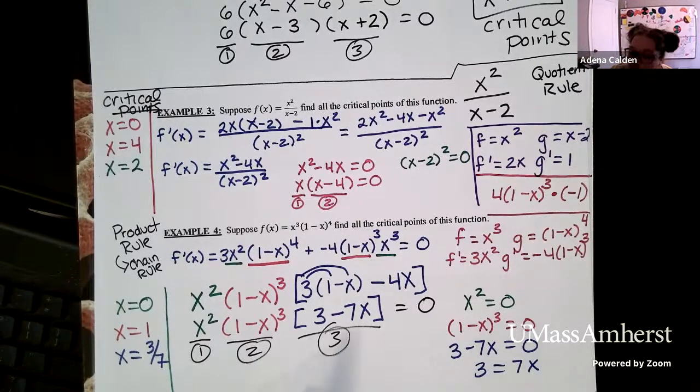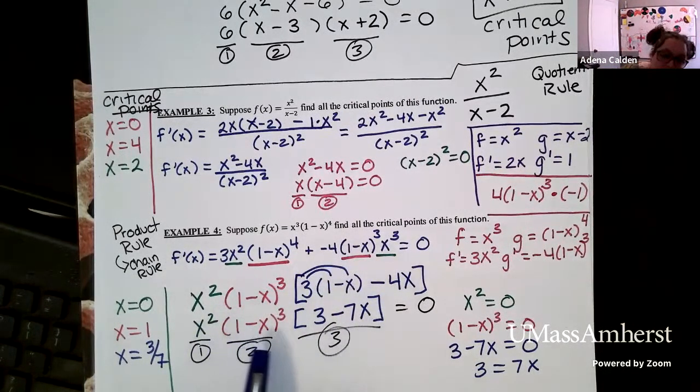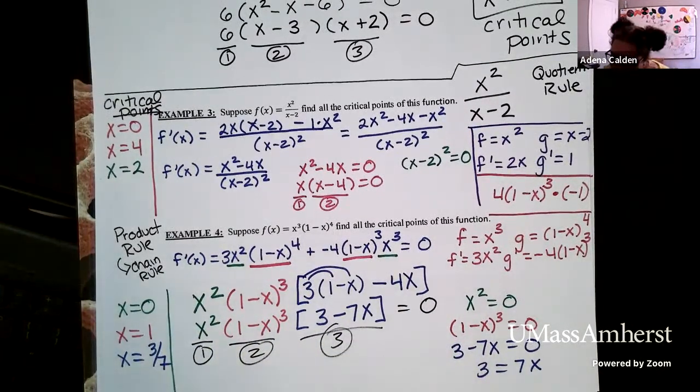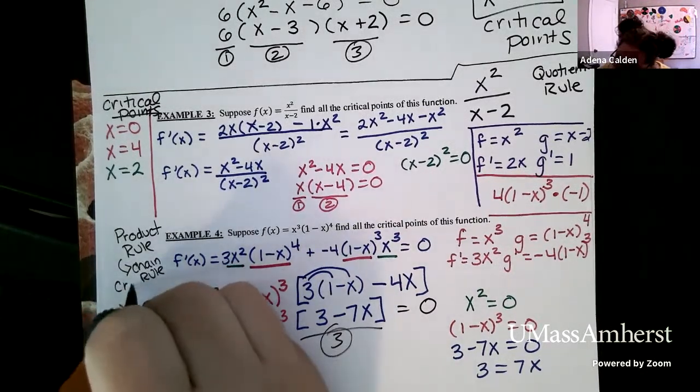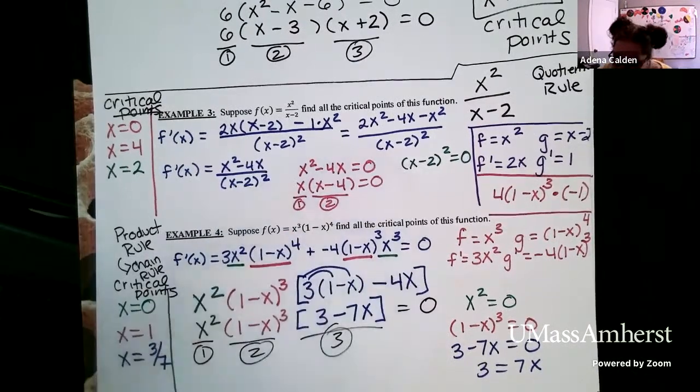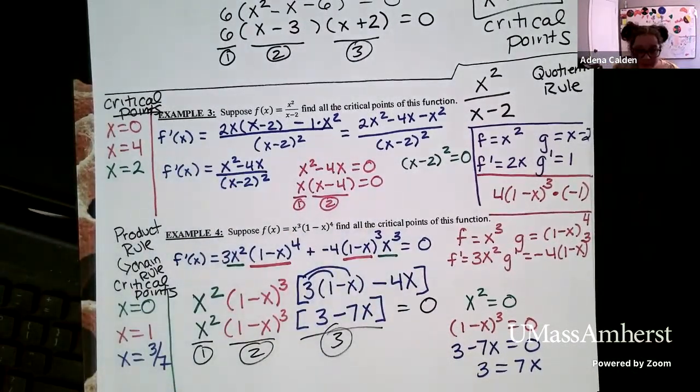Okay, so I had to do all this work of factoring so that I could then set each one equal to 0 to find my 3 critical points. This is not trivial, right? There are a lot of steps here, and we have to be really careful and stay as organized as possible within the work.